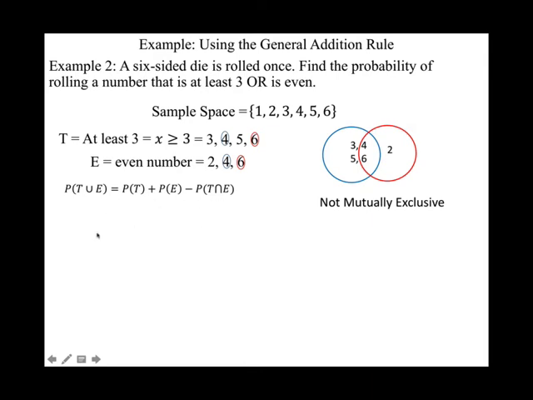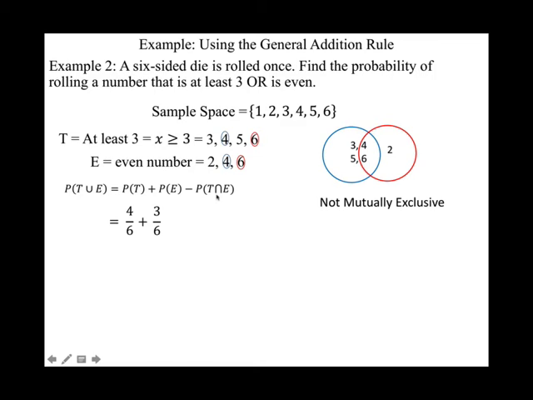So we're gonna use the addition rule formula. Figure out one by one, what is the probability to get at least 3? Look here, we have 4 outcomes out of 6. What is the probability of E, to get the even number? We have 3 outcomes out of 6.